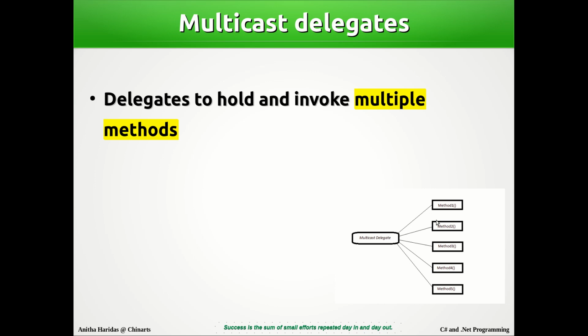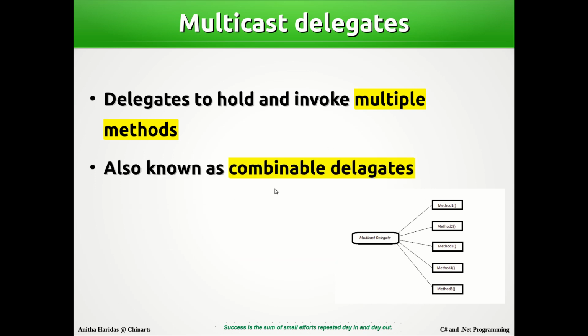Here it shows that there are 5 methods which are combined for this multicast delegate, and they can all be invoked together one by one. This multicast delegate is also known as a combinable delegate, and combinable delegates will generally have a void return type, but you can also have any other return type. We'll be discussing it later.